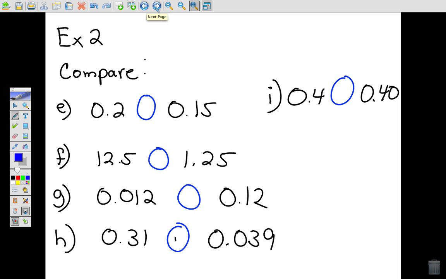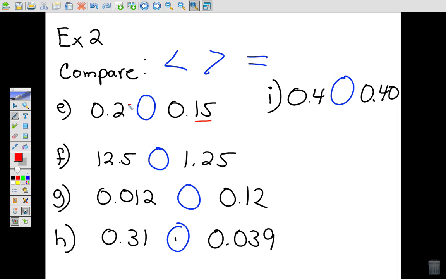Now let's take a look at example 2. Now notice I have some blue circles in these because what I want you to do here is compare them with less than, greater than, or equal. So let's take a look at E. Now the best way to compare these is to make sure you have the same amount of decimal places on each side. So notice here I have 2 places to the right of the decimal.